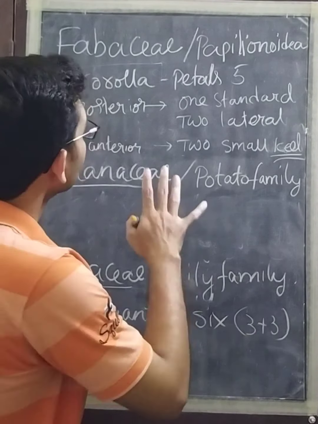Next, after Fabaceae, we have the Solanaceae corolla. This family also has 5 petals, and it shows valvate estivation.